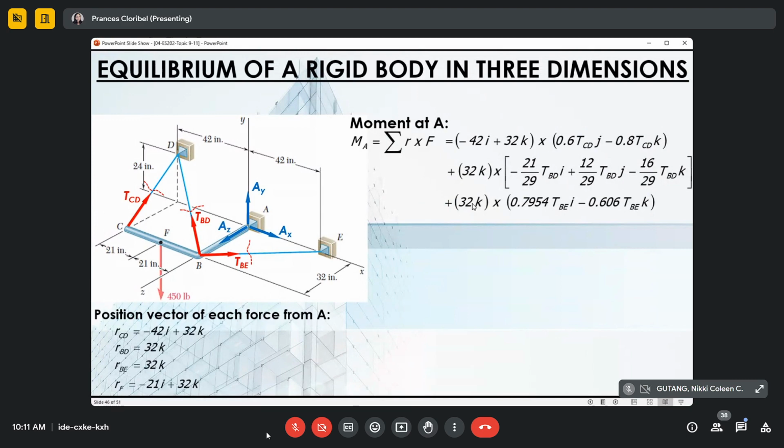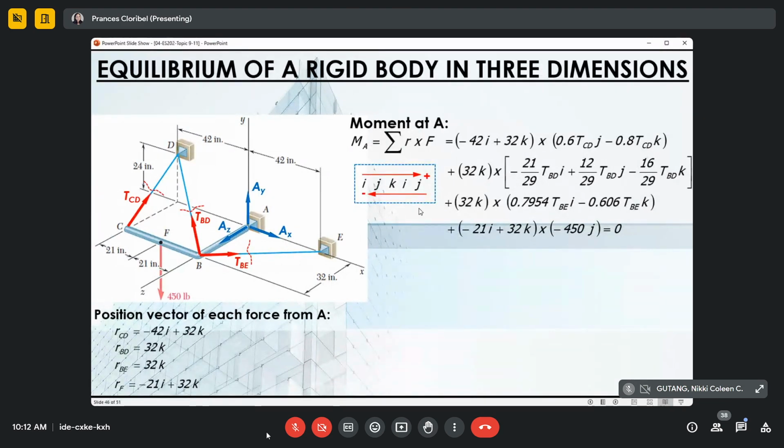BE, position times force vector. Next, our applied force, position cross force vector. Did we forget anything? No. So equate it to 0. After equating to 0, we can multiply and distribute.